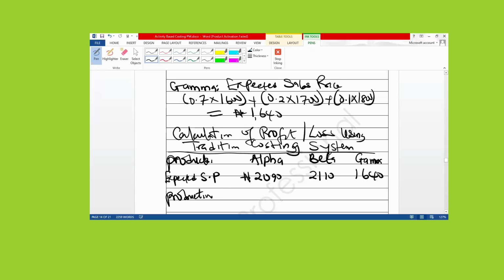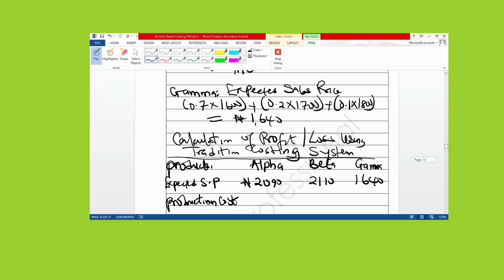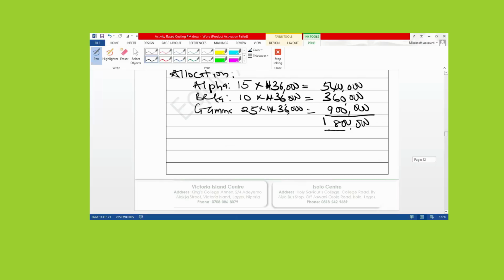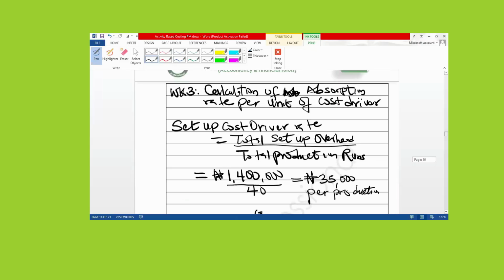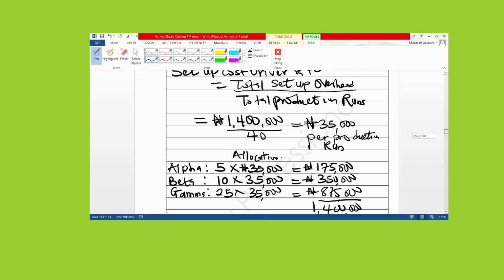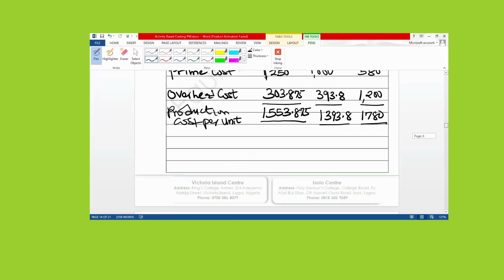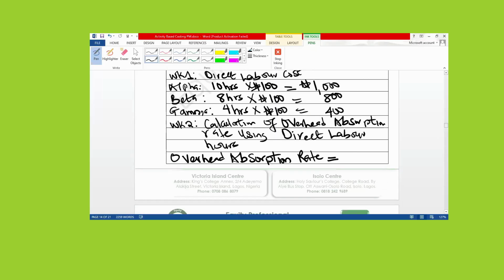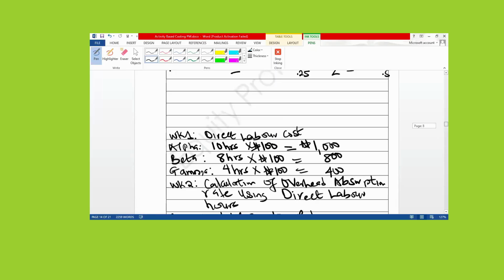Here you say you want to use the traditional costing system. In that case, you are going to pick the cost for the traditional costing system. That was calculated in A1. 1781.25.